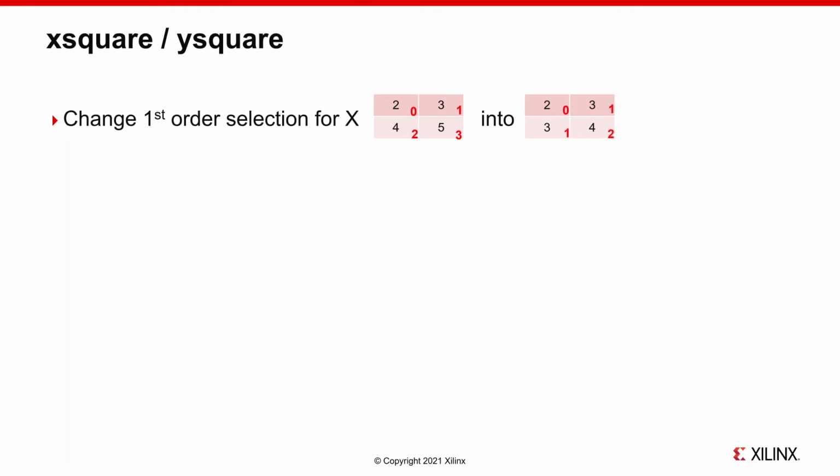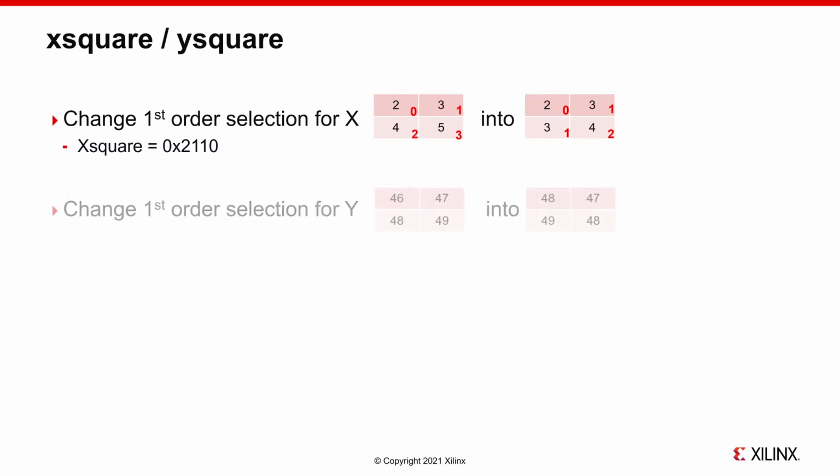The X mini-permute matrix is the following: 0, 1, 1, and 2 from LSB to MSB. So xsquare is equal to 0x2110. Same kind of reordering has to take place for the Y mini-permute matrix.